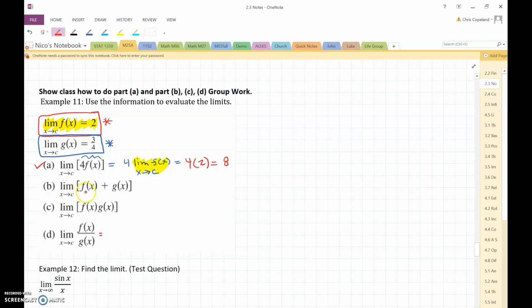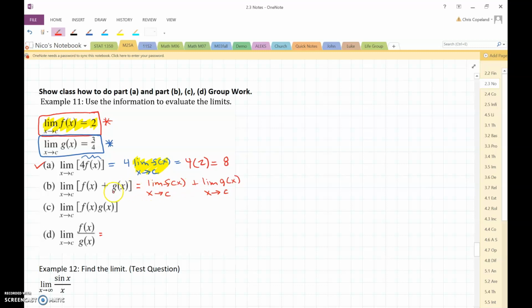Look at B. B, we have the limit of the function f of x plus the function g of x as x approaches c. So another way to think of this, we could rewrite this as the limit of f of x as x approaches c plus the limit of g of x as x approaches c.